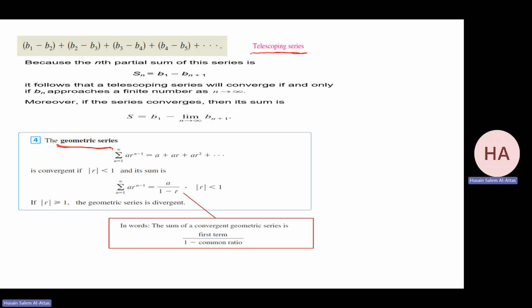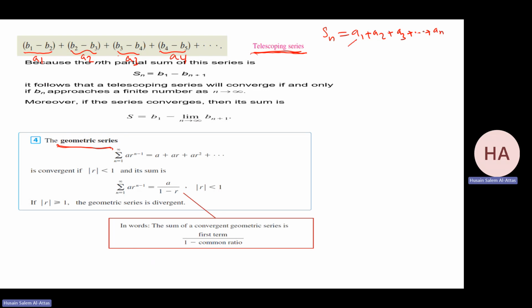If a series goes like this, this is A1, this is A2, this is A3, this is A4, and so on. So my Sn in this telescoping case will be A1 plus A2 plus A3 plus up to An.